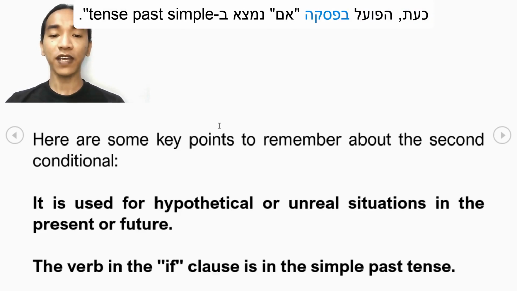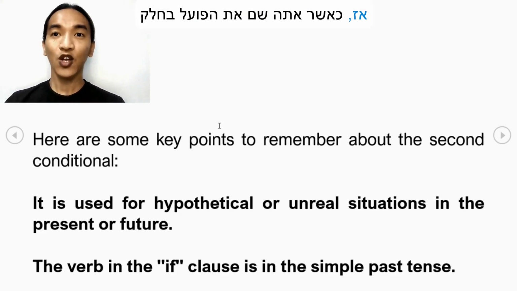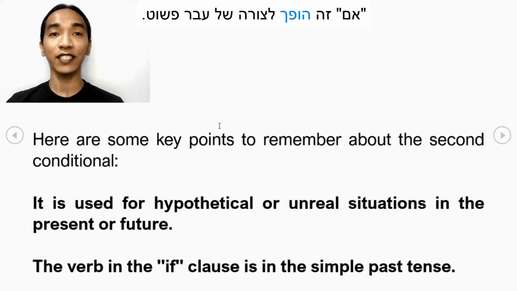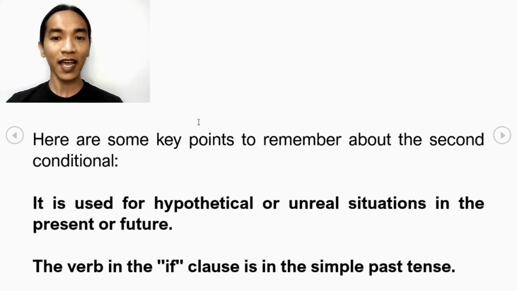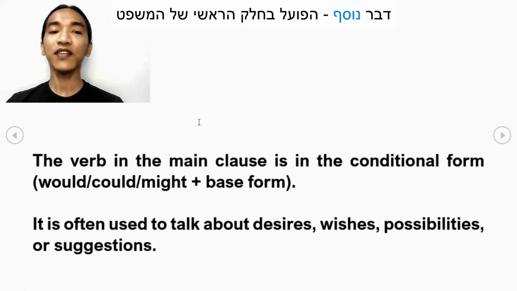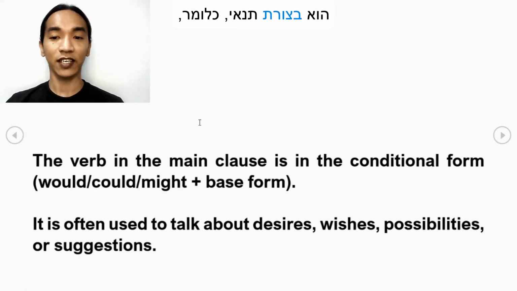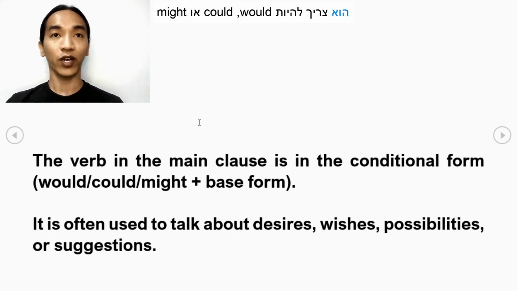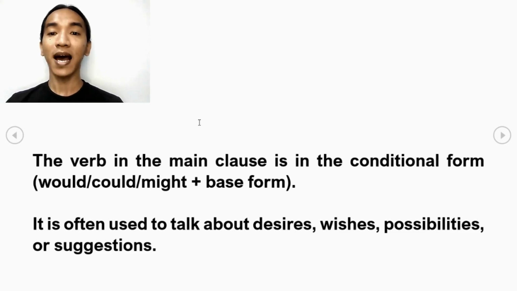Now, the verb in the if clause is in the simple past tense. So, when you are putting your verb in the if clause, make it in the past simple tense. Okay? Another thing, the verb in the main clause is in the conditional form, which means it should be in would, could, might plus base form of the verb.